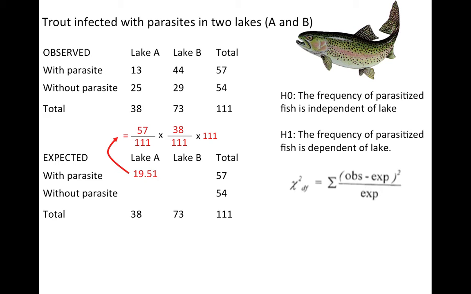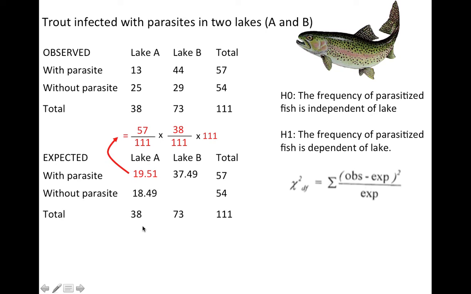In a simple contingency table like this, we only need to calculate this one value. Using the marginal totals, we easily get the other values. If we have 19.51 here, we need to have 37.49 parasitized fish in Lake B. These two numbers have to equal 57.